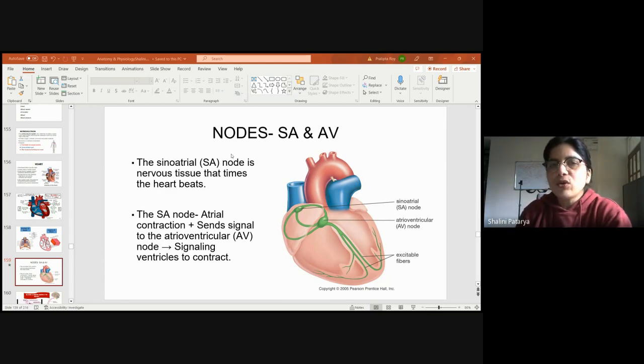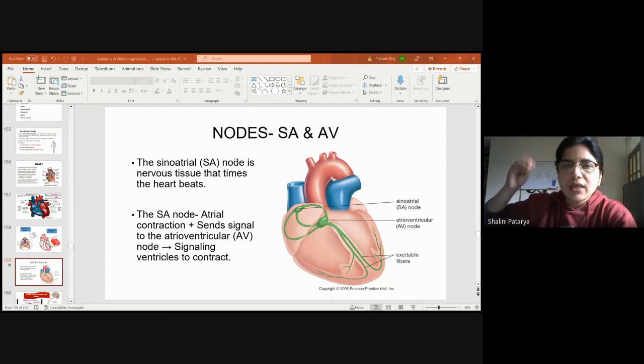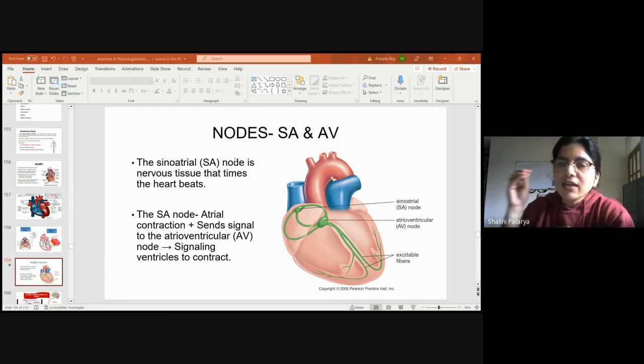The sinoatrial node is a nervous tissue, so nerve signals come here and inform the heart to pump, how many times it has to beat. Two kinds of signals come: atrial contraction and then atrioventricular contraction, which inform the heart when to contract and when to relax.